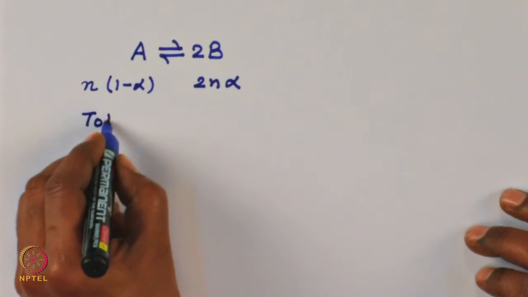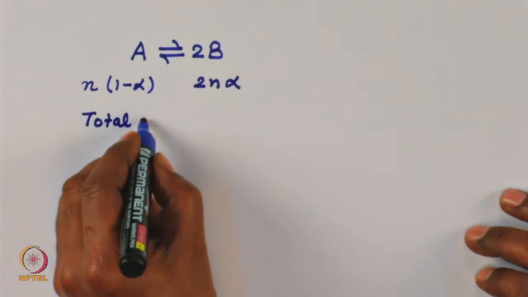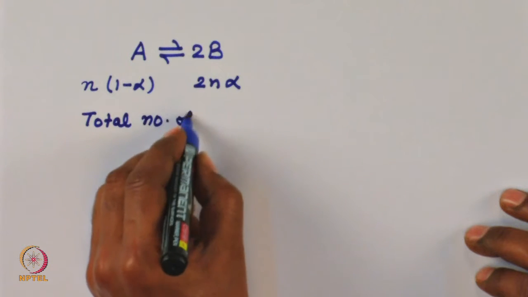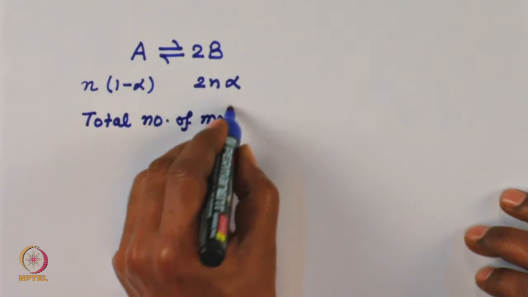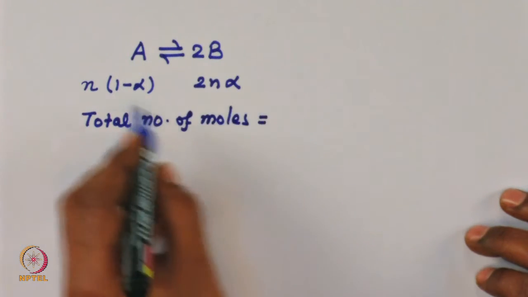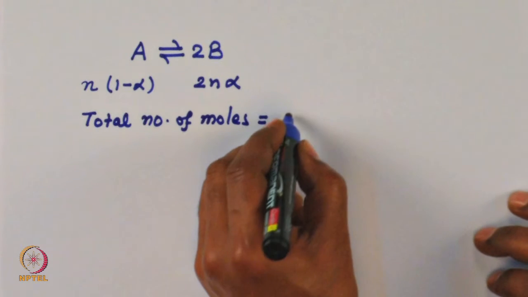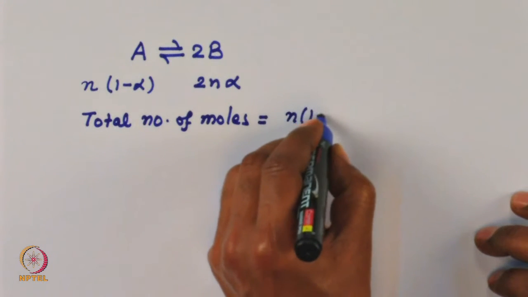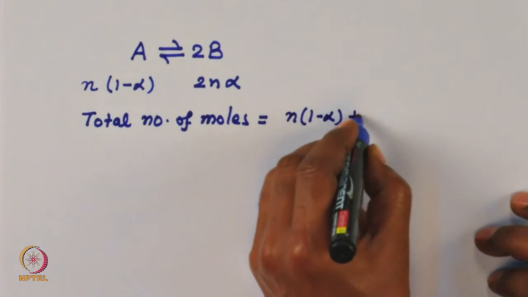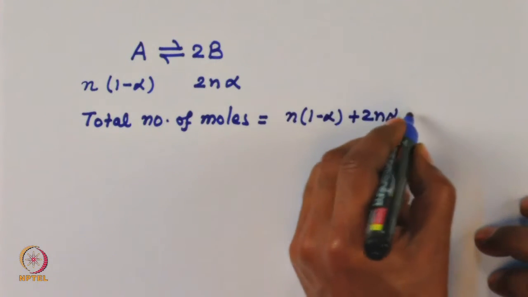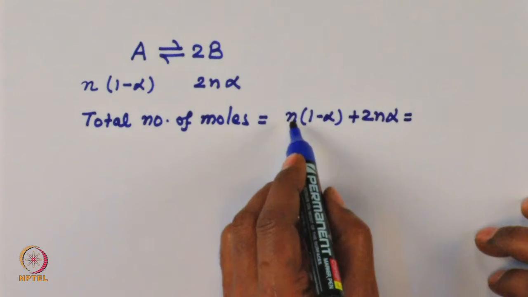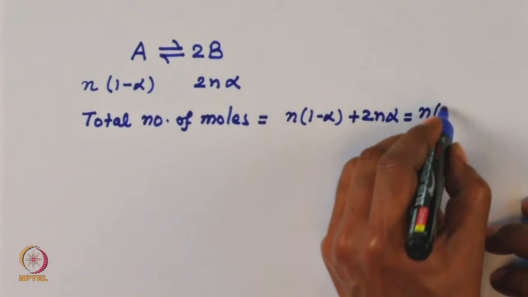So, the total number of moles will be equal to n into 1 minus alpha plus 2n alpha, which is equal to n into 1 plus alpha.